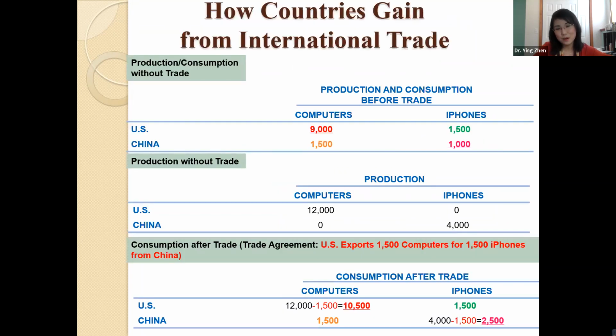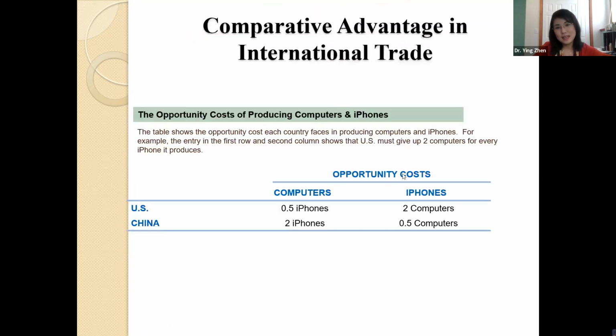So here I always remind students that there are only two choices for each country to produce. Because this is a model, so either computers or iPhones. So when we look at the sacrifice of producing one computer, we have to use the units of iPhones each country has to give up in order to measure the opportunity cost of producing one computer.